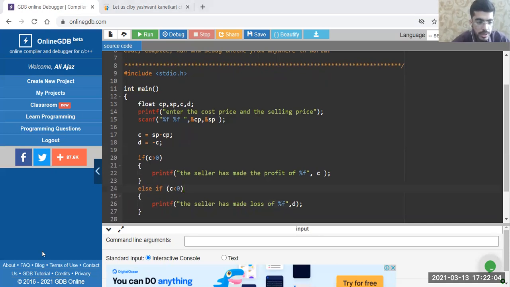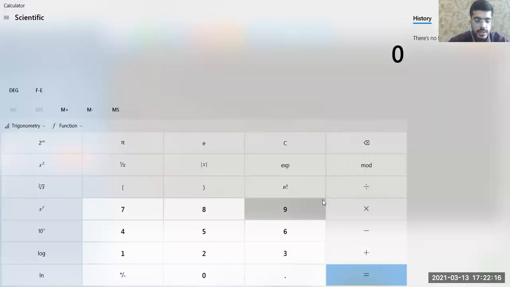If I show you in the calculator over here, I am hoping that you can see the calculator on your screens. Like if my cost price, for example, is 13 and my selling price is 12. One second.